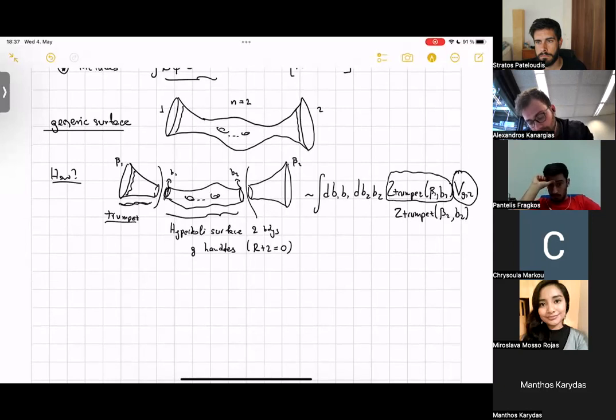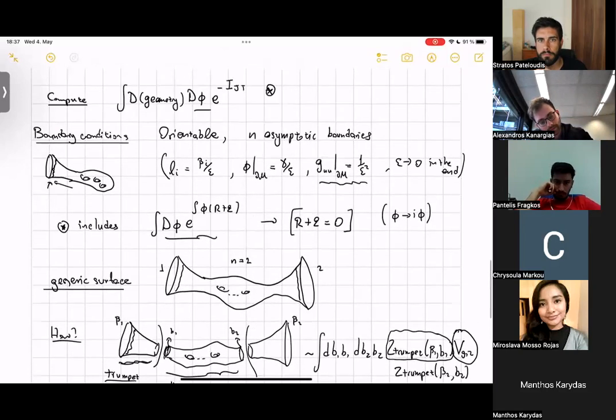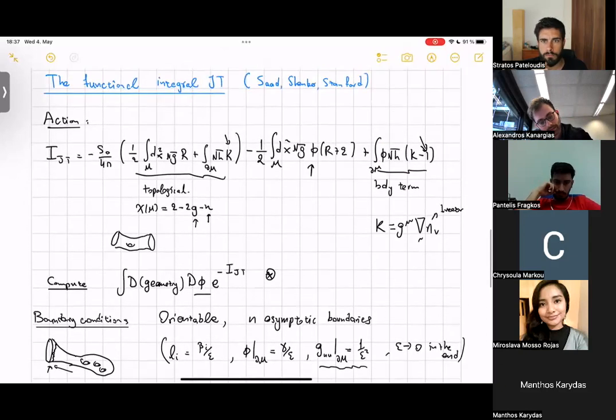What this V does is tell you how large is this space of possible surfaces that you have in the bulk. When you integrate over all possible metrics, the action, this term R plus 2, will be 0 because of the constraint. And we only have something that survives at the boundary.